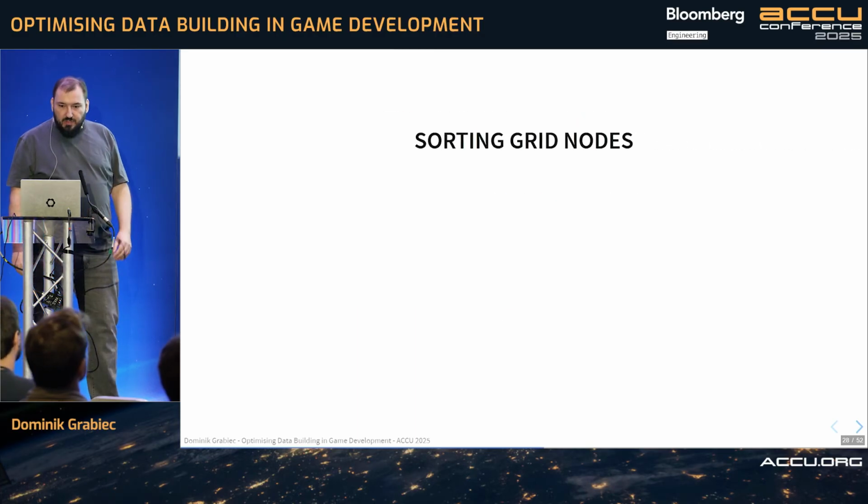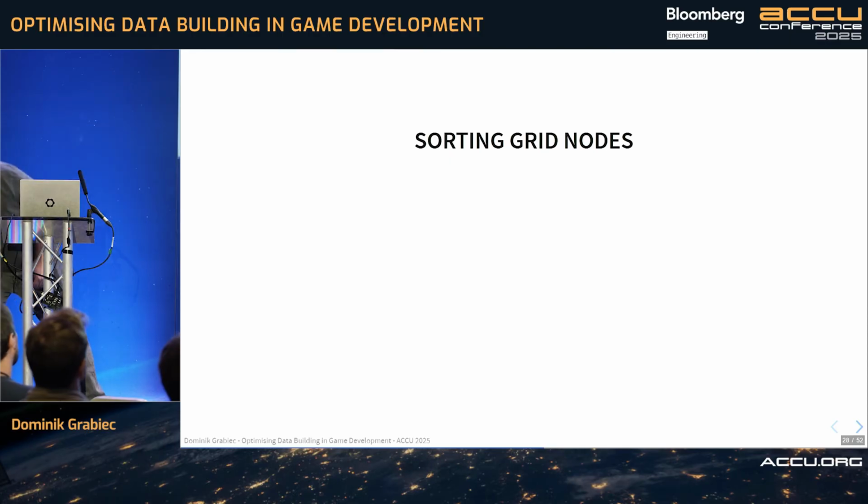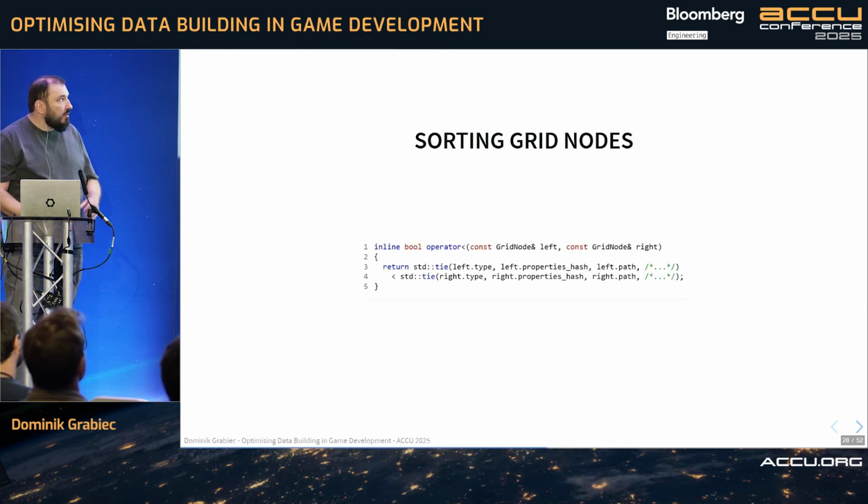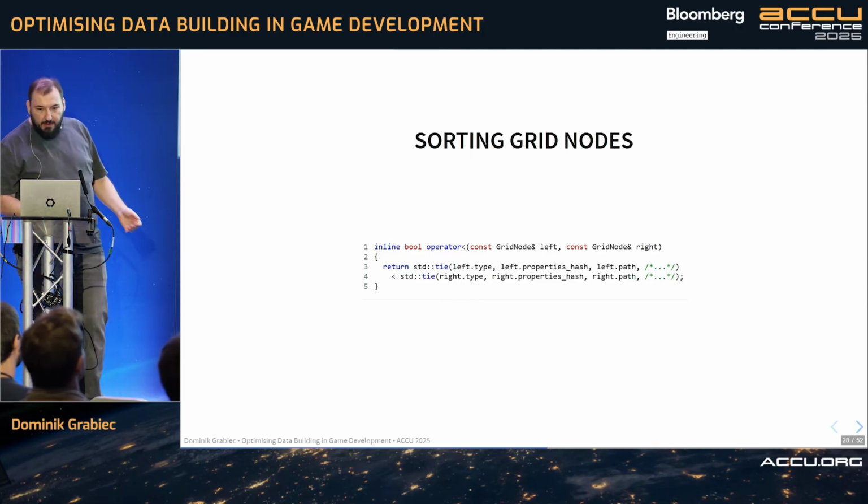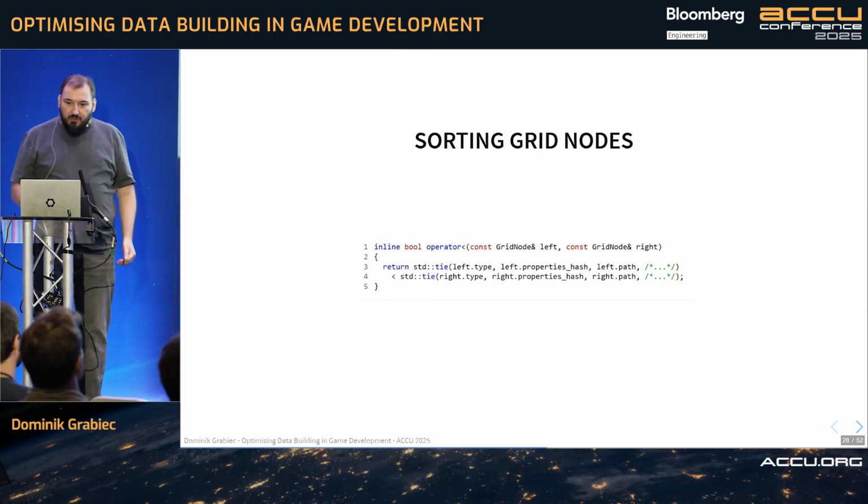So this brings me to the next topic, actually sorting these things. Initially, my implementation was this, which is a nice, convenient C++ way of doing it, the quickest way of writing it.